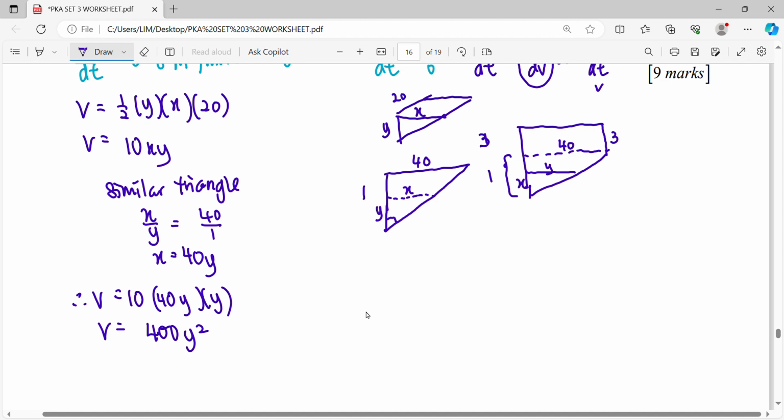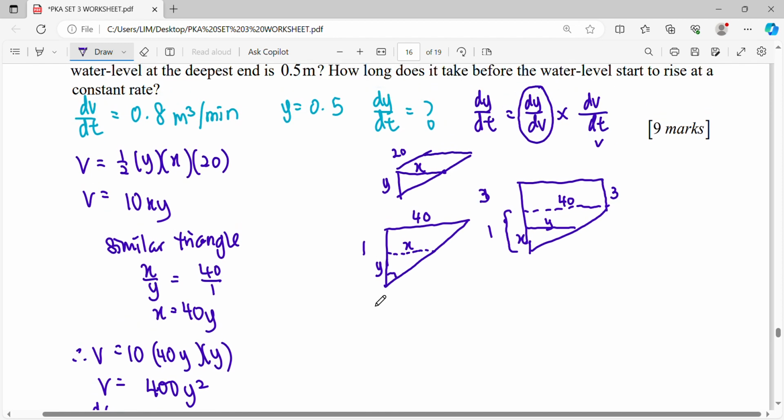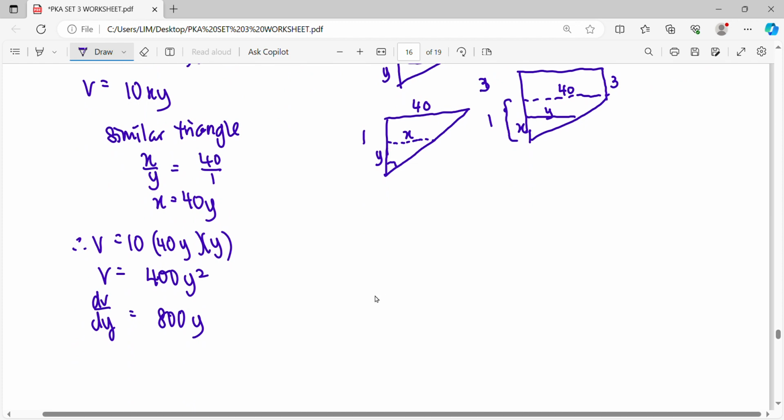Okay, so then you can start to differentiate. Differentiate V with respect to y, 800y. Then finally we substitute into our chain rule. You need dy/dV, so dy/dV inverse is 1 over 800y.